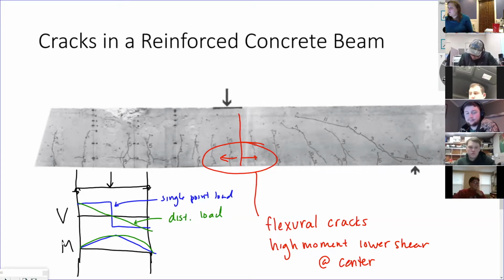When you get further out, this is where you have the inclined crack, because now you've got shear and moment.